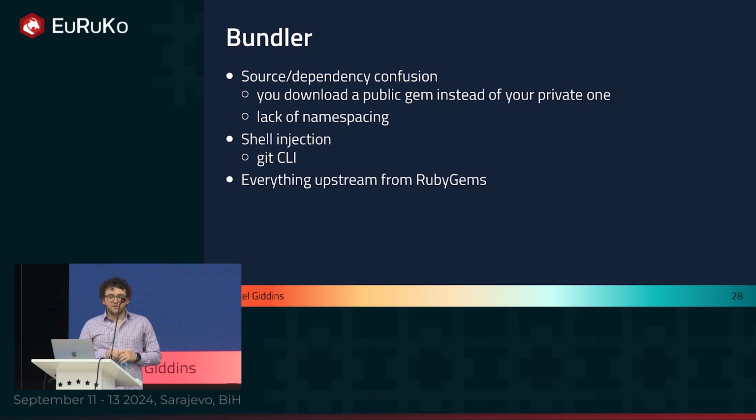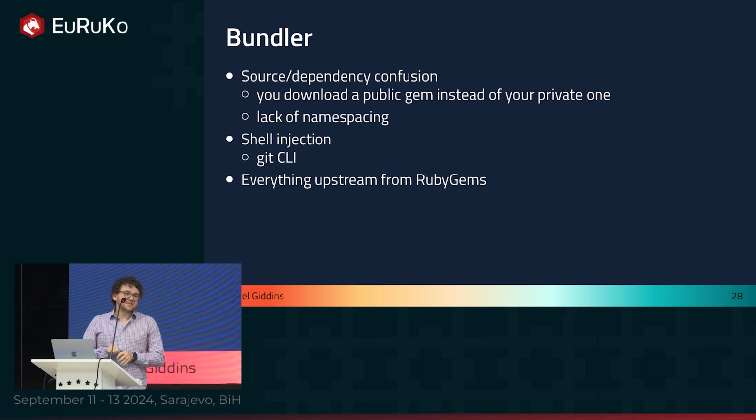Or you download a gem that is a typo of the one you are expecting to download. I mean, who here has ever run gem install riles? Nice. And a lot of this is just caused by a lack of namespacing in RubyGems. It's a problem we're trying to fix.